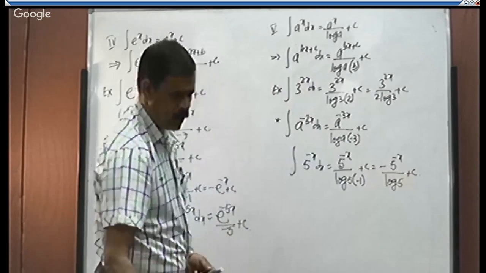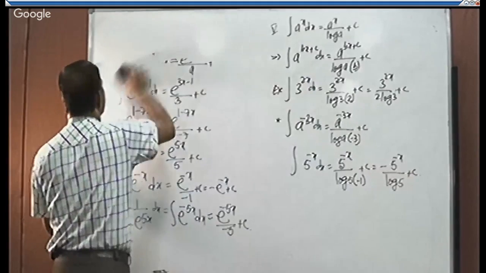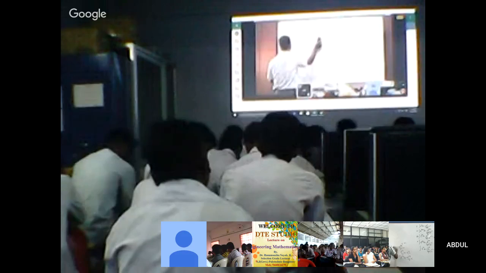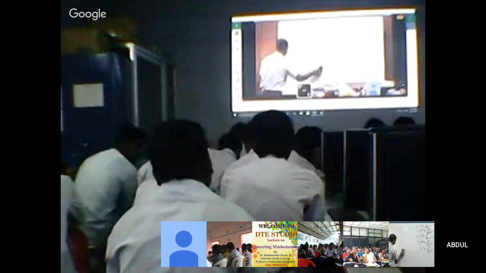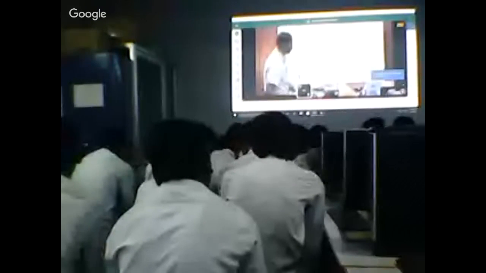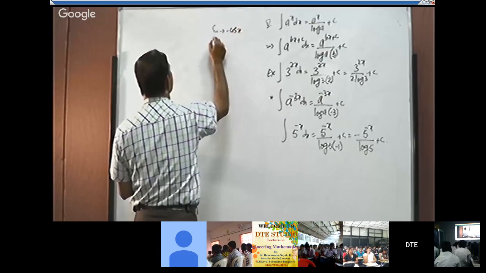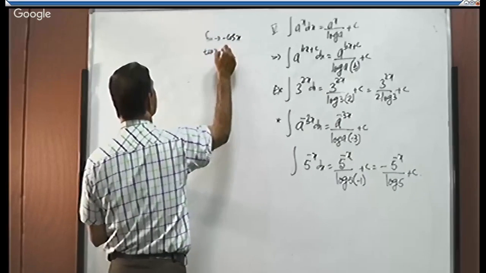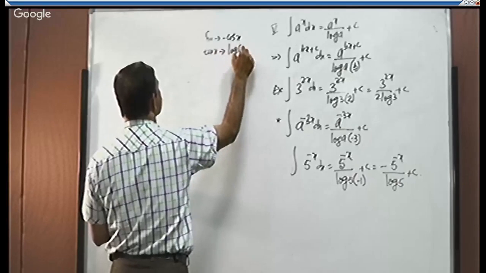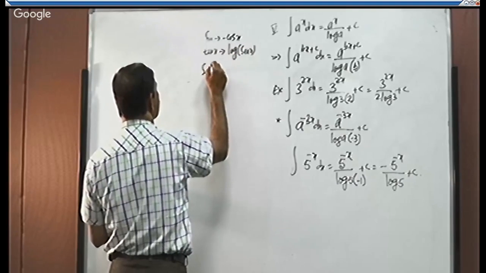Okay. The same idea can be extended for trigonometric functions. Integration of sin x is what? Minus cos x. Integration of tan x is what? It is log of sin x, sorry, secant x. Integration of secant square x is what?